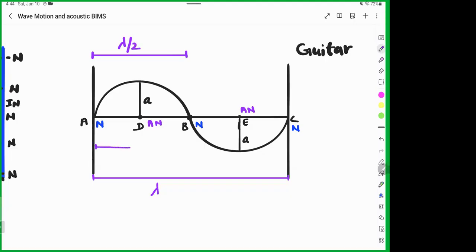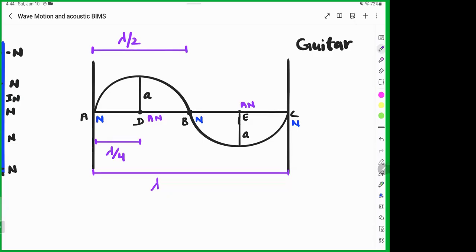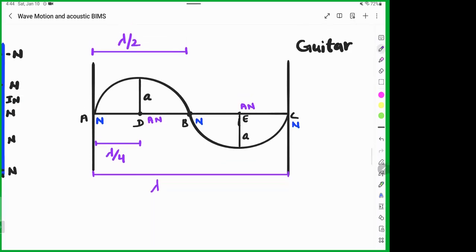Yeah. Chandana, from A to D, what will be your wavelength? Lambda by 4. Chandana, are you there? Okay.